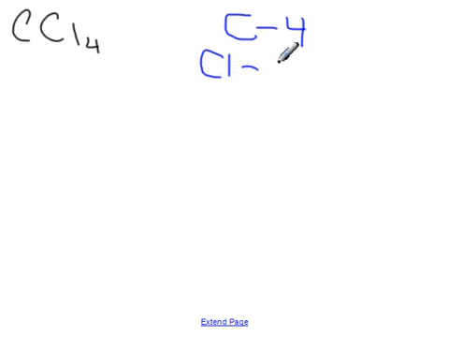So 7 times 4 gives me 28 valence electrons from chlorine. So the total number of dots in this particular molecule is going to be 32. There are 32 valence electrons in this particular process, and that's how many dots we're going to have around that structure.